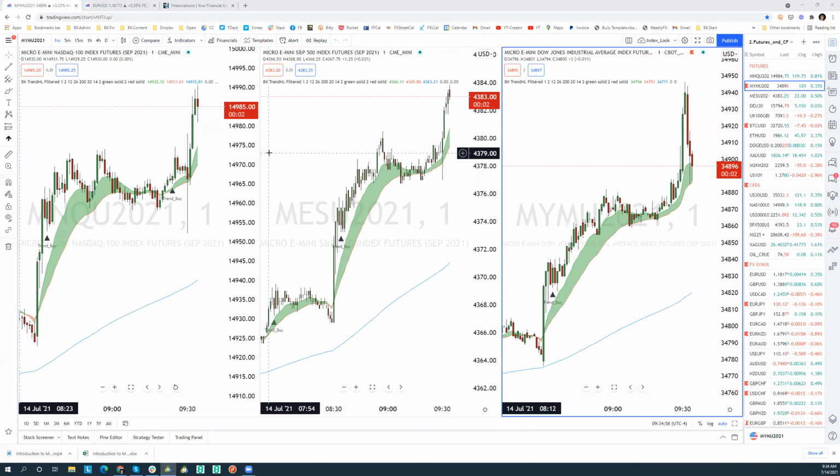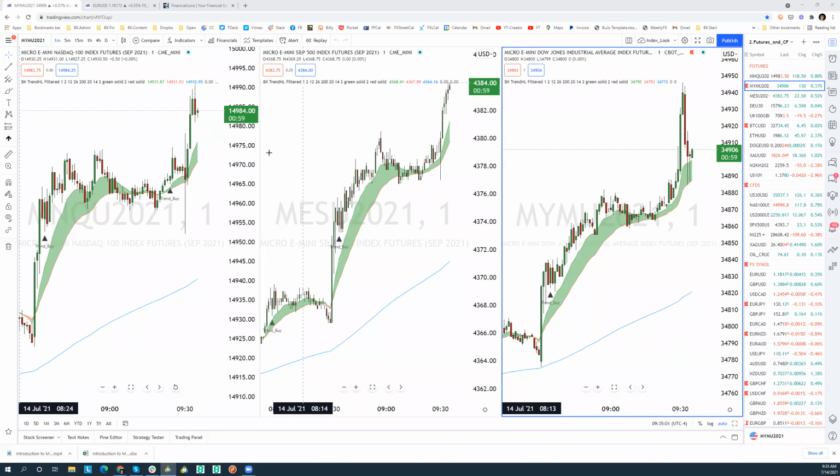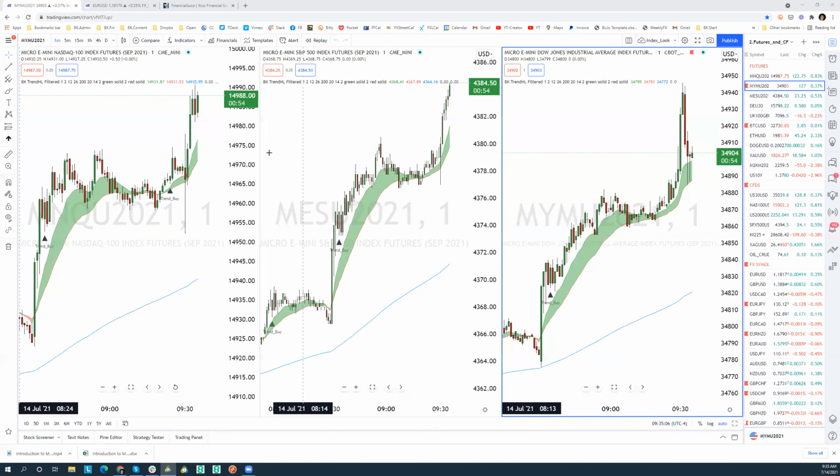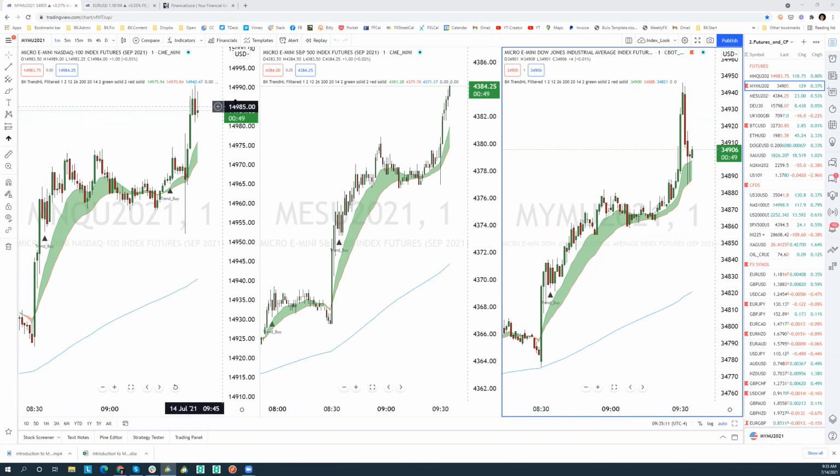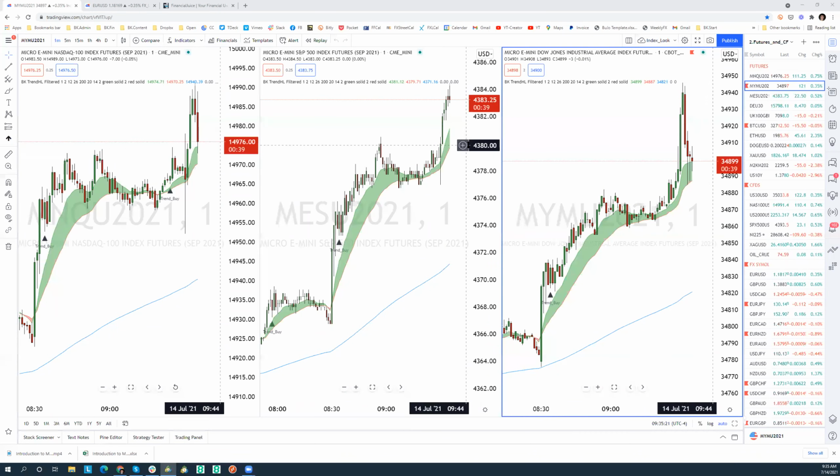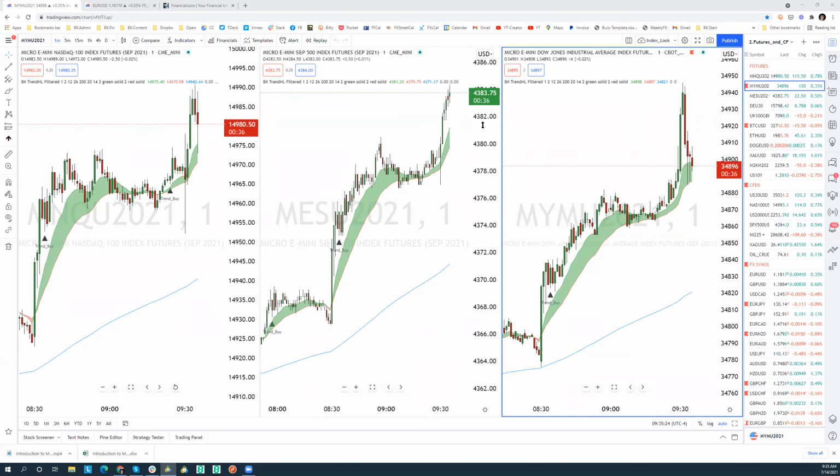So just watching the price action. We're stalling right in front of the 15,000 level, which is very common. NASDAQ, the S&P also has the 4,400 level, which is also a super important level to look at. Generally, I think the mentality today is very much risk on. You certainly see the risk on moves here.